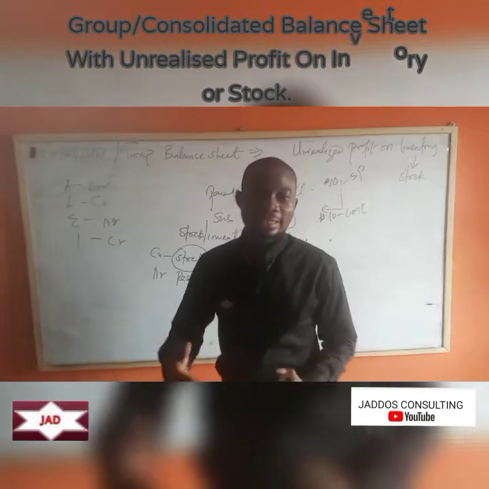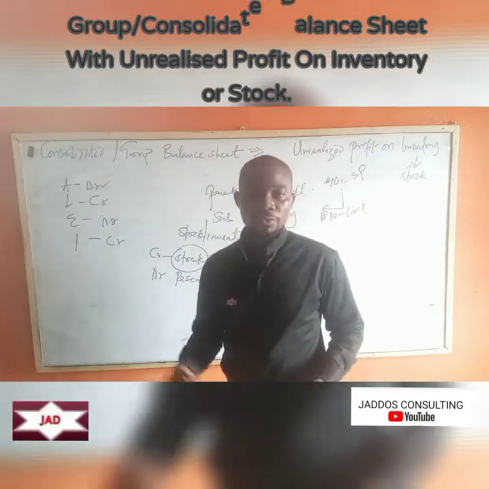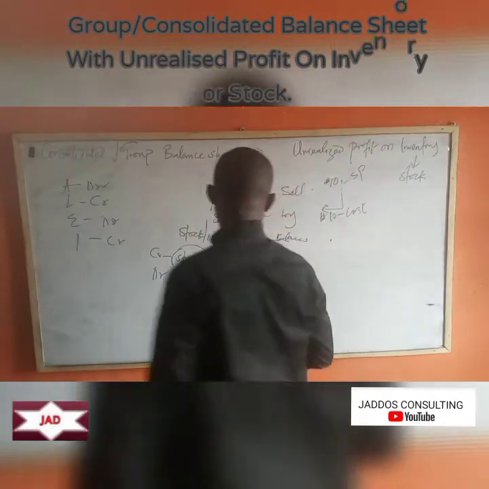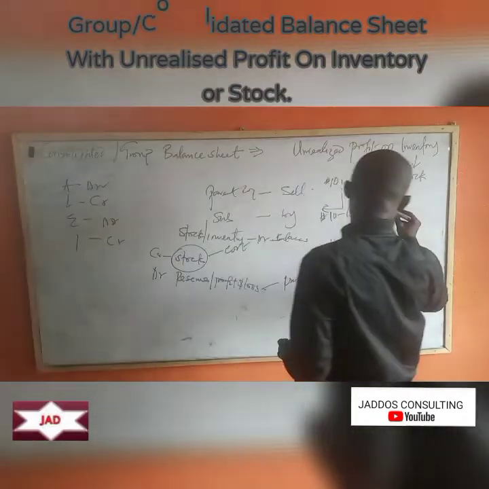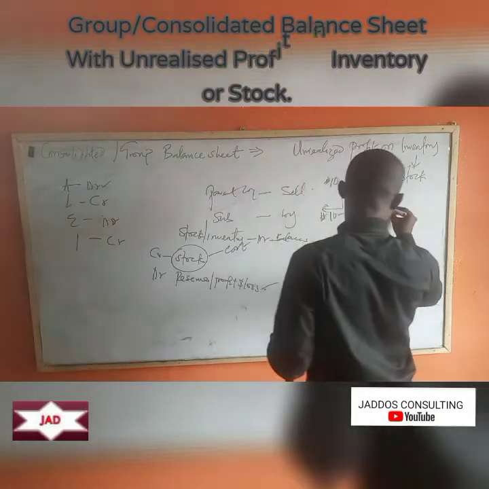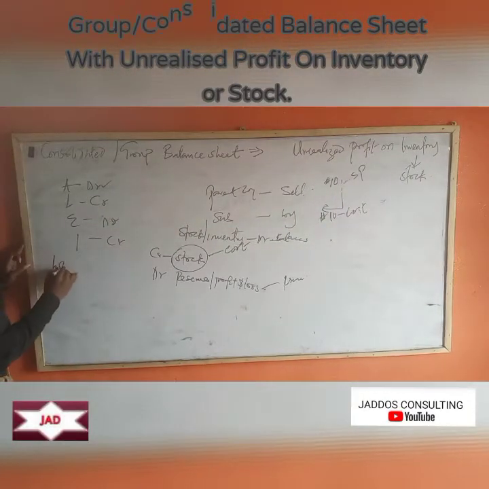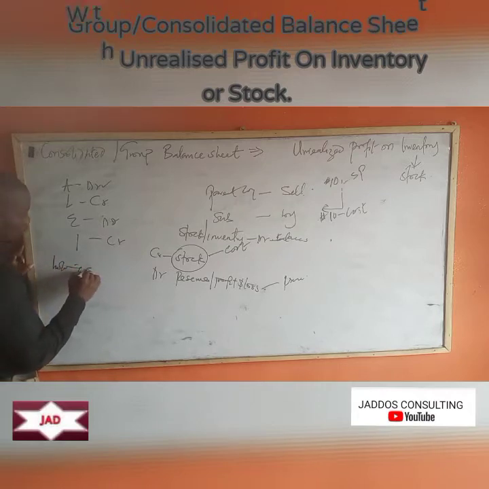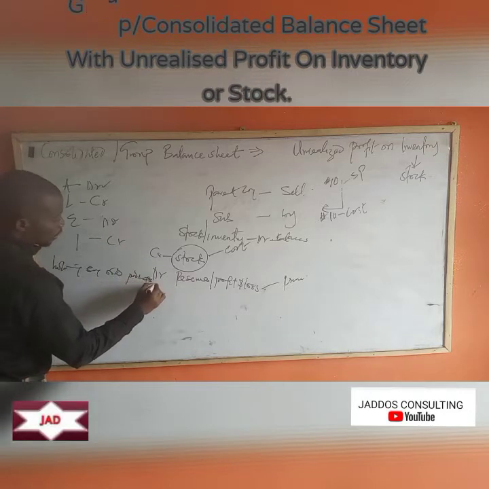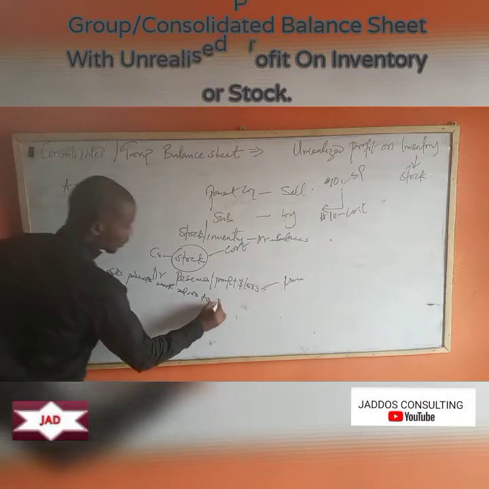Of course, in practice, it's easy to identify the profit element, but in this sort of arrangement where it's possible that the reference document is not easily seen, we look at the profit policy of the organization. So, for instance, let's say the holding company sold products worth, let's say, 100 naira to the subsidiary.